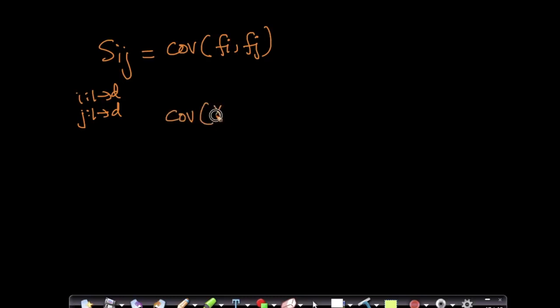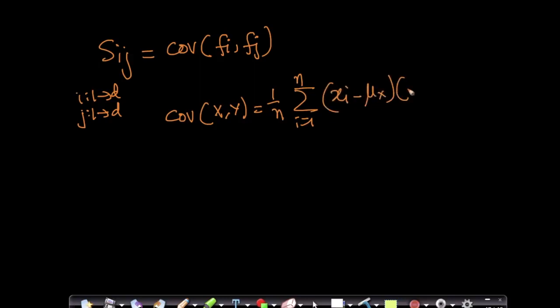Covariance between any two random variables X and Y is nothing but 1 by n summation, which is the average value of (Xi minus mean of X) times (Yi minus mean of Y).